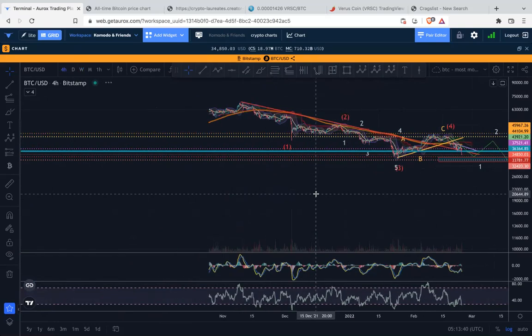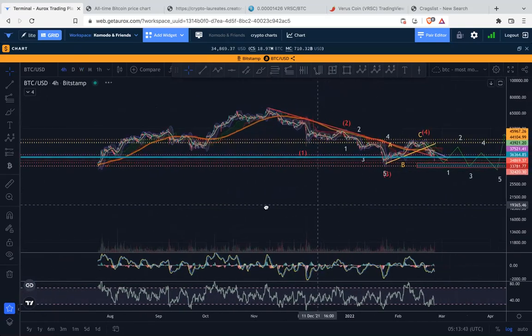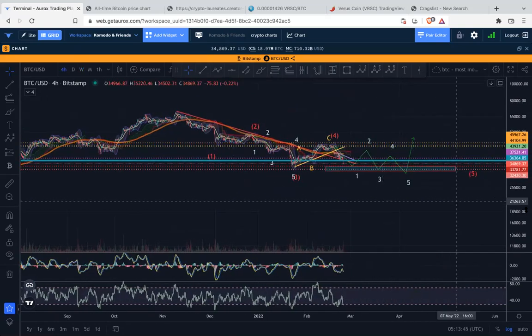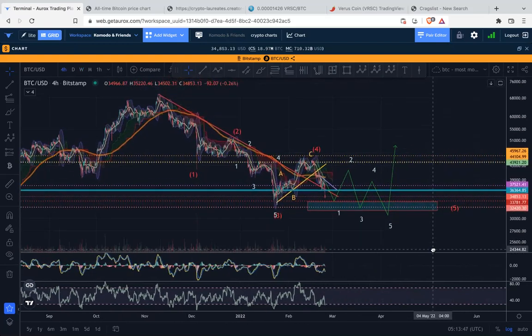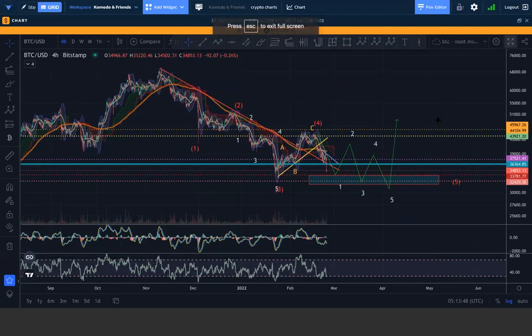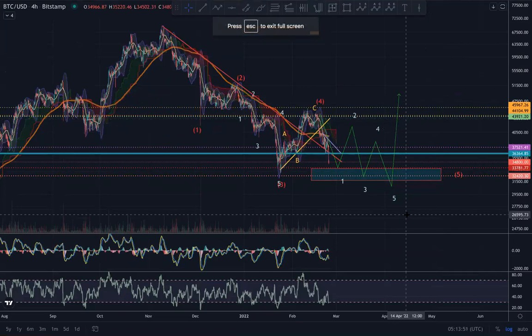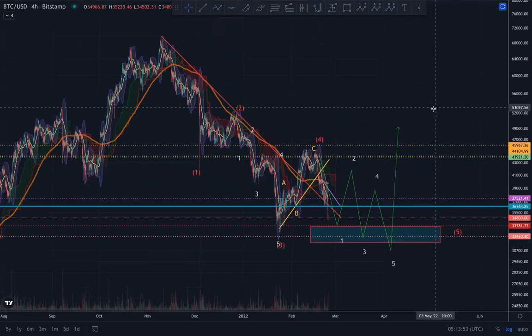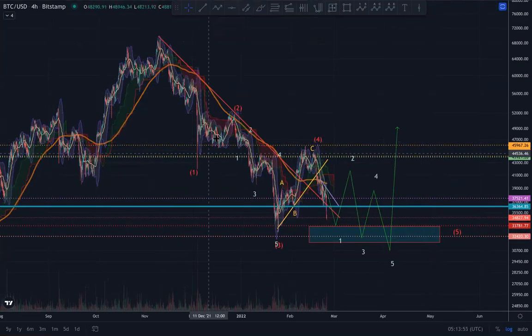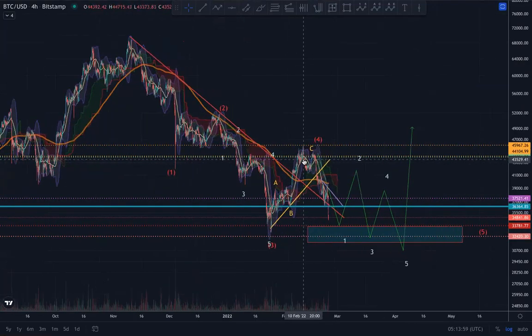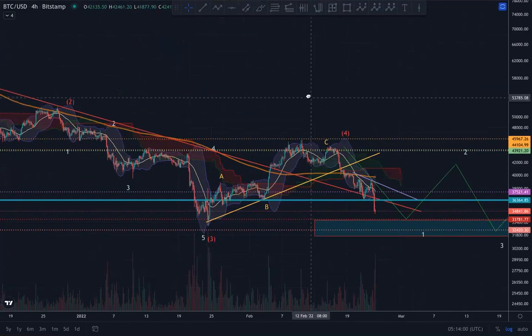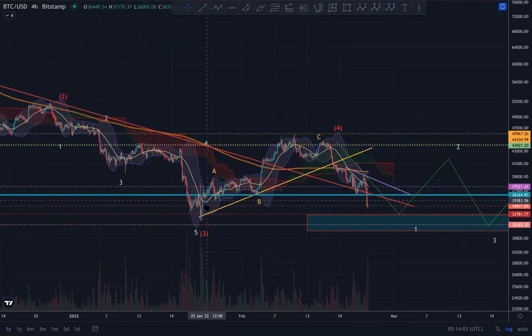So on the 4-hourly, just to recap, we had that 1, that 2, that 3, that 4, which is an ABC likely. And in this ABC, we had just this simple wave here, then this more complex wave here.